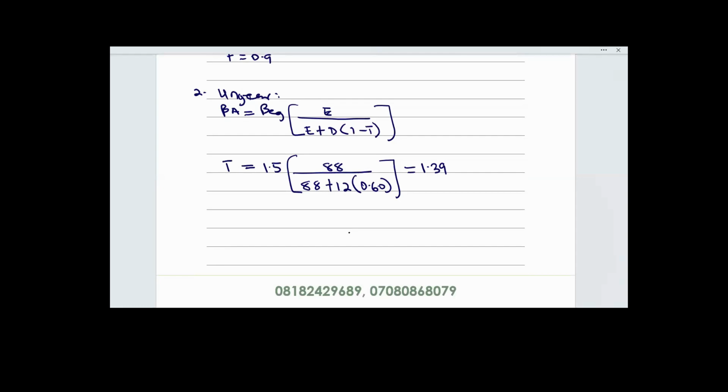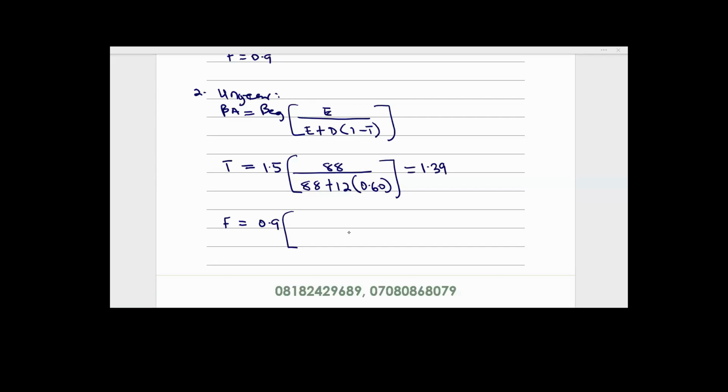Okay. So for financial service, beta equity of a gear, or gear beta, is 0.9 multiplied by, according to the question in the second paragraph, you are told that the debt equity proportion is 25%.